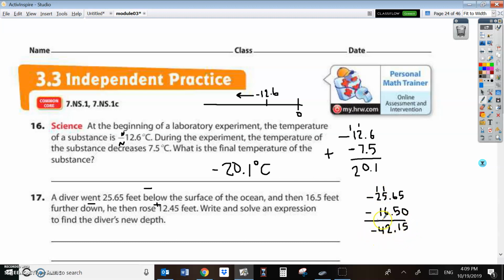Okay, so you have negative 42.15, but then you've got this 12.45 that's positive. So those are different signs, so subtract it. 42.15 minus 12.45.